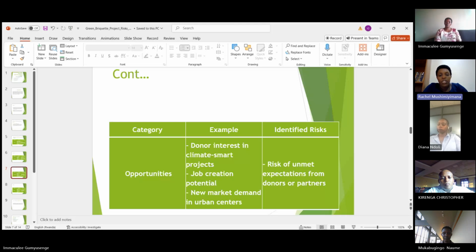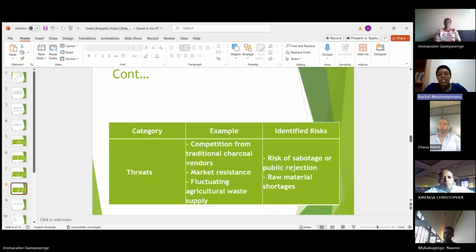We have also threats. Threats are the external factors that could cause troubles for our projects. Examples of threats that we have are competition from traditional charcoal vendors, market resistance, and fluctuating agricultural waste supply.